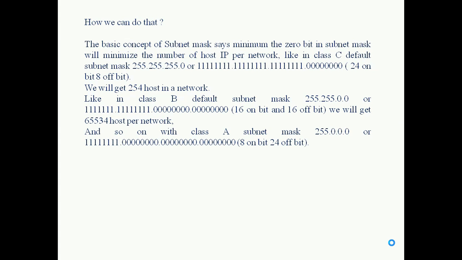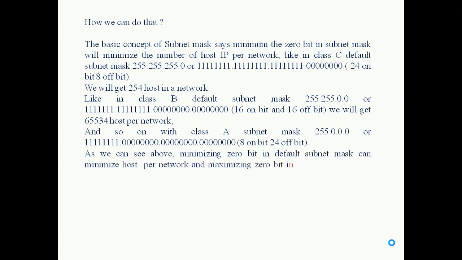So 2 to the power n minus 2, where n is the off bits, will be 16,777,214. As we can see above, minimizing zero bits in the default subnet mask minimizes hosts per network, and maximizing zero bits in the default subnet mask maximizes the number of hosts per network.